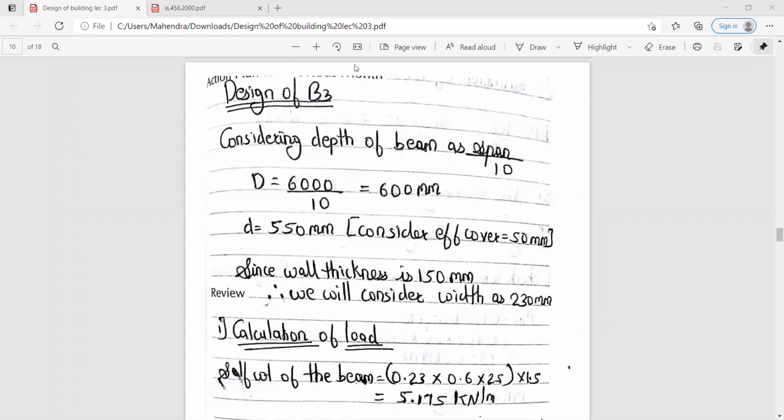So whenever you solve a continuous beam, you have to take span by 10, and for the simply supported case you have to take L effective by 15.